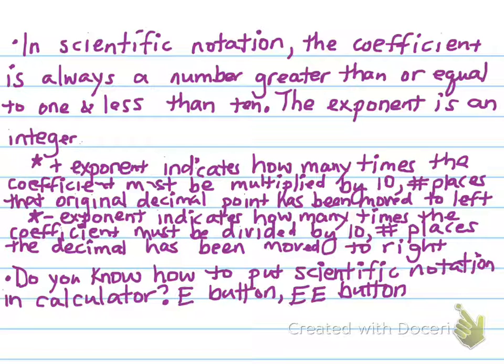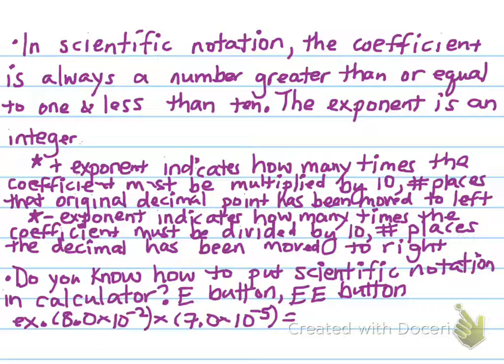So, for example, and I really just want you to be able to put scientific notation in your calculator. If you have 8.0 times 10 to the negative second times 7.0 times 10 to the negative fifth, okay, you would put this in your calculator as 8e negative 2.